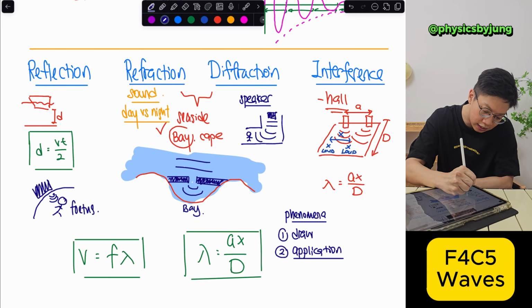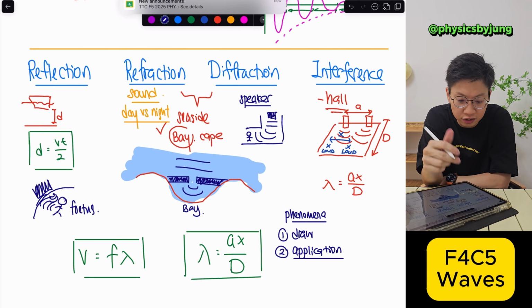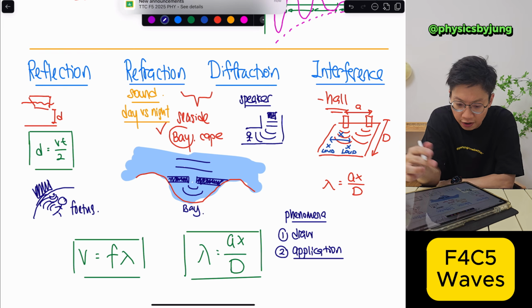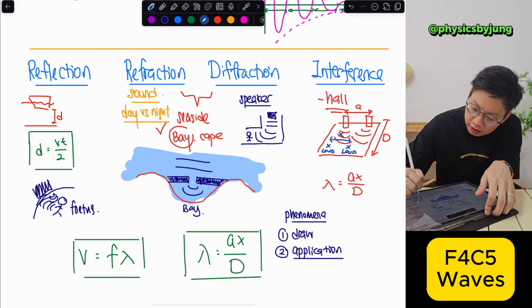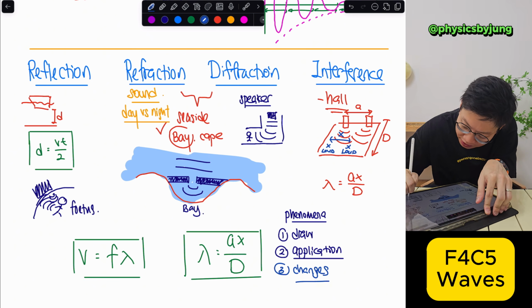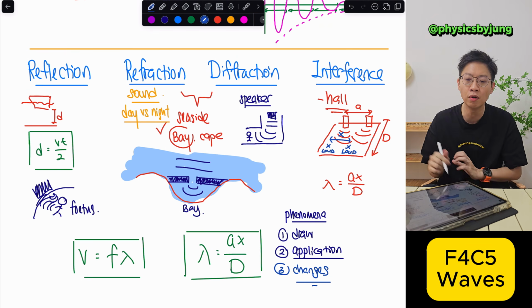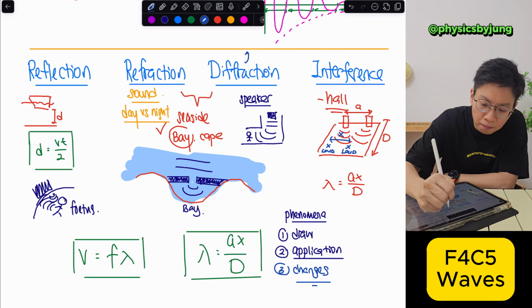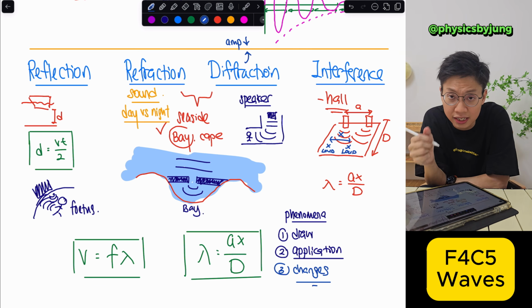This is under ultrasound imaging that uses reflection of sound waves. Last but not least, the third thing you have to know is what changes before and after the phenomena. For example, in diffraction, the most important thing we know is that the amplitude will decrease.